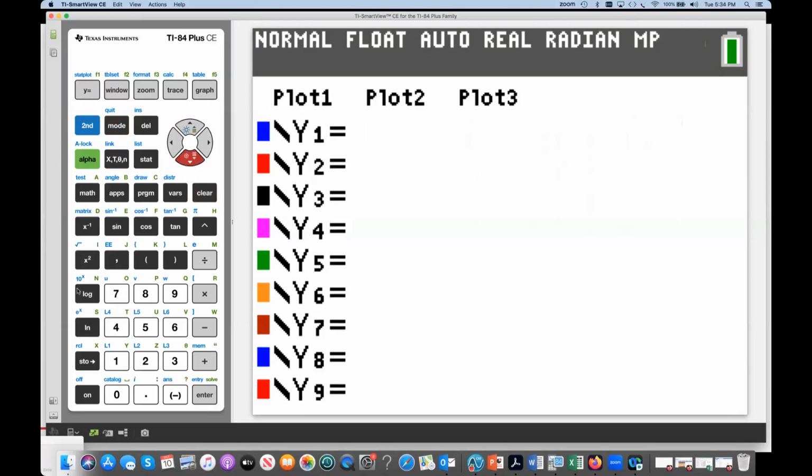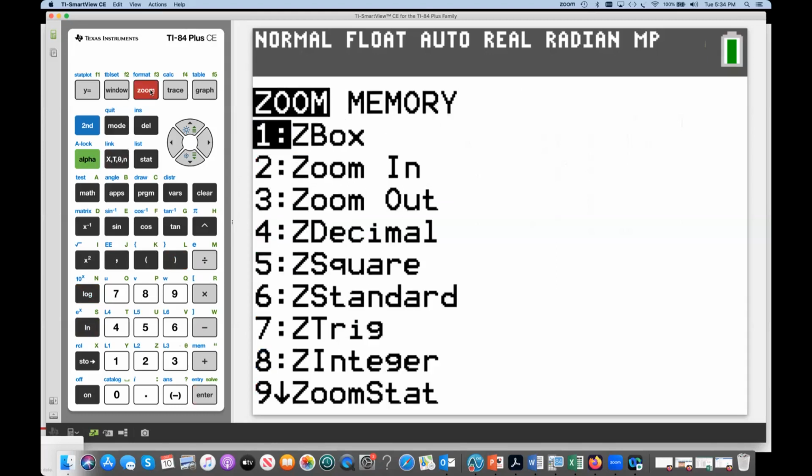There's the common log, so let me go ahead and use that. Common log is referring to base 10. So there's common log of x. And now let me look at the natural log, that's going to be the log base e. And let's go ahead and graph those. I'll do it in a Zoom decimal window.